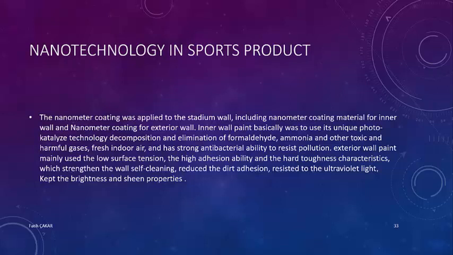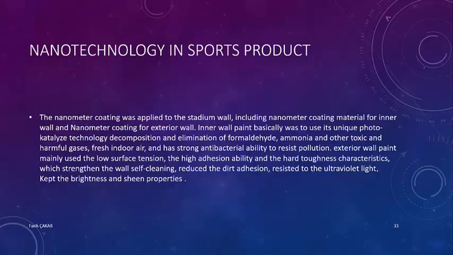The nanometer coating was applied to the stadium walls, including nanometer coating material for the inner wall and for the exterior wall. Inner wall paint basically uses its unique photocatalytic technology for decomposition and elimination of formaldehyde, ammonia and other harmful gases, freshening the air, and has strong antibacterial ability to resist pollution.